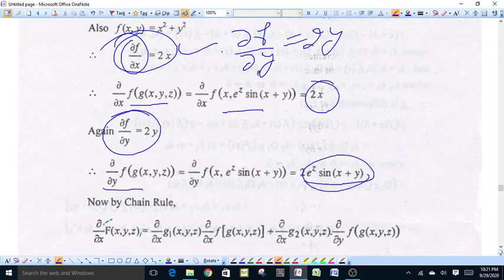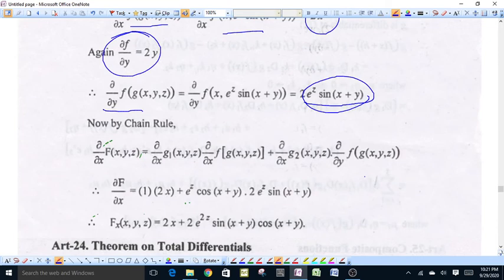Now, by the chain rule, the partial derivative of the composite function capital F(x, y, z) will be equal to ∂/∂x g1(x, y, z) times ∂/∂x f of g(x, y, z) plus ∂/∂x g2(x, y, z) times ∂/∂y f of g(x, y, z).